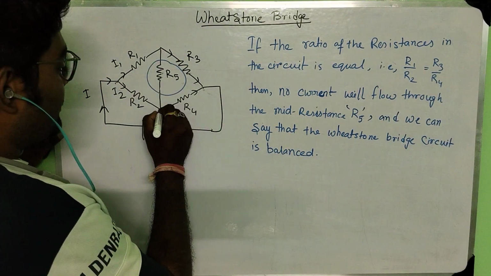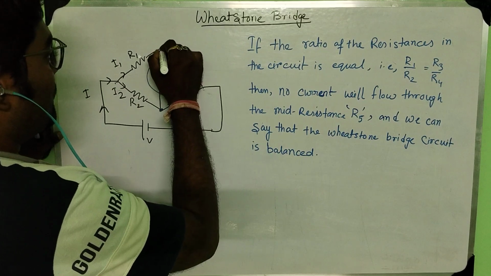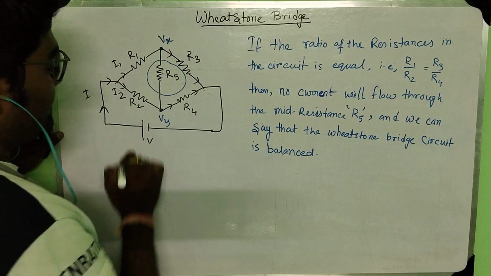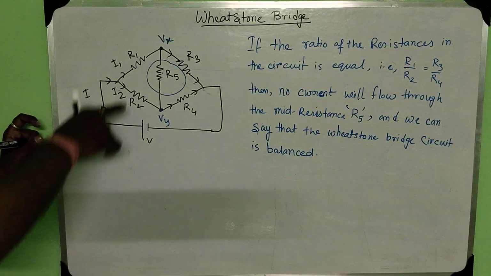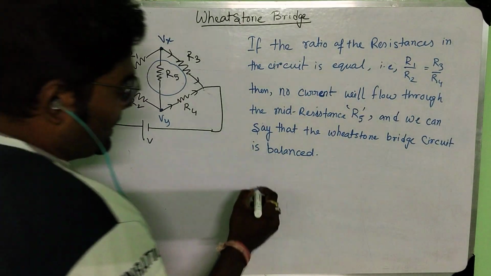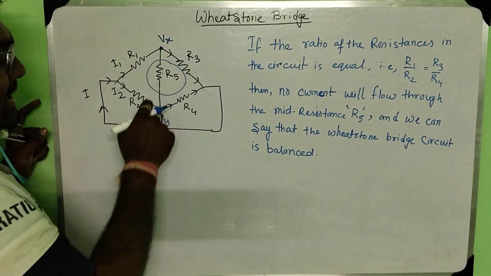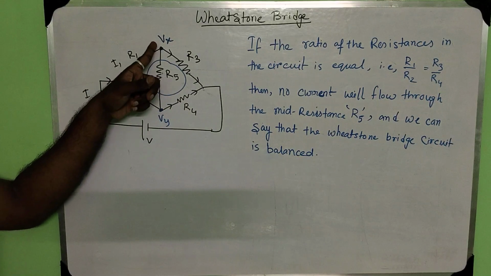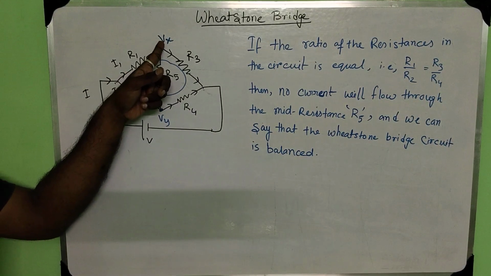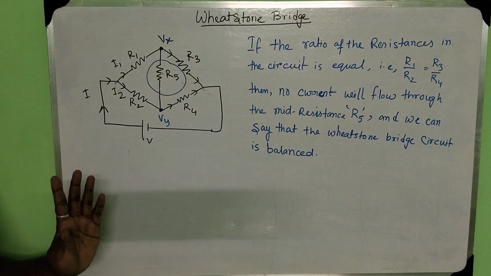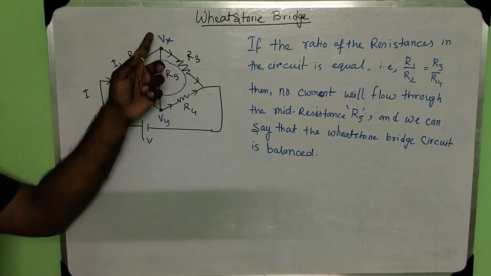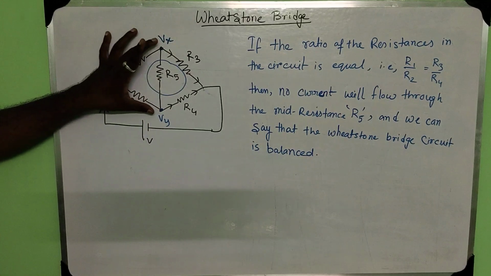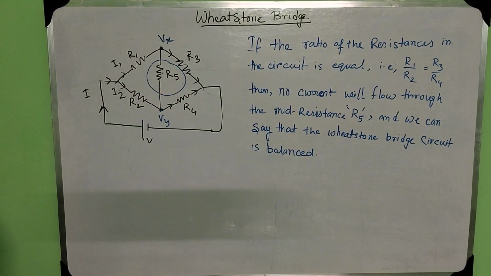Now, if the potential at this terminal is, let's say, Vx and this is Vy, since there is no current, now see very carefully, please look at this very carefully. At this point the potential is Vx, and at this point the potential is Vy. If there is no current flowing in this branch, that means there is no potential difference between these two points.